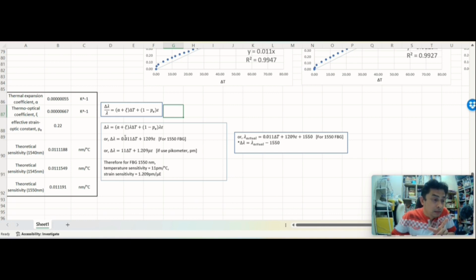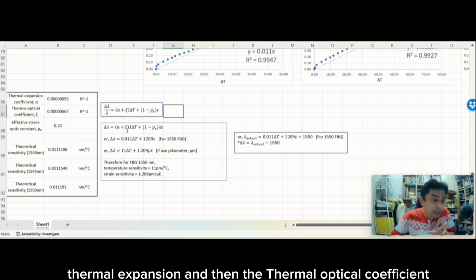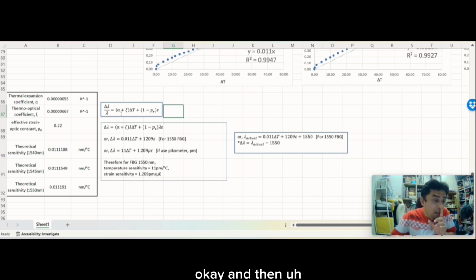If for this equation we put in the thermal expansion and the thermo-optic coefficient, and then move the wavelength to the right side of the equation, it becomes something like this.